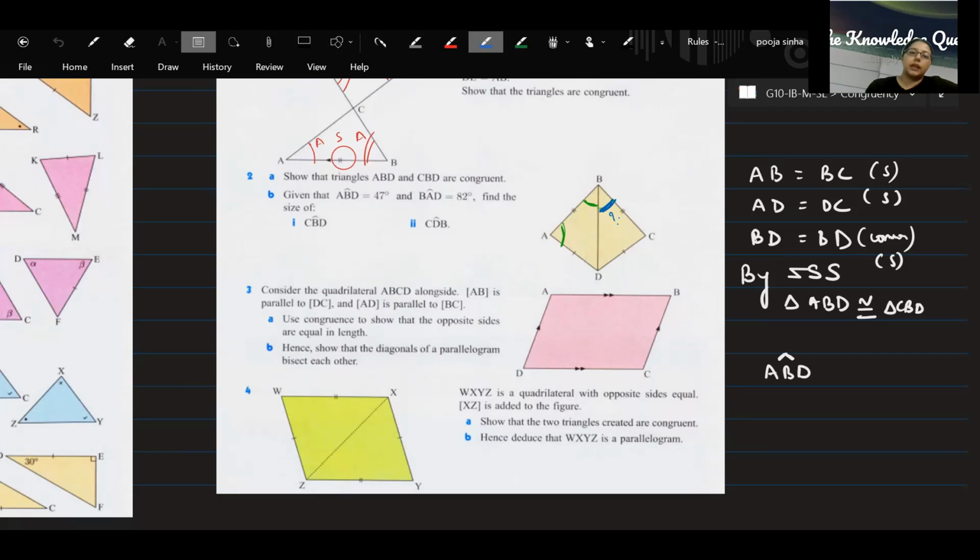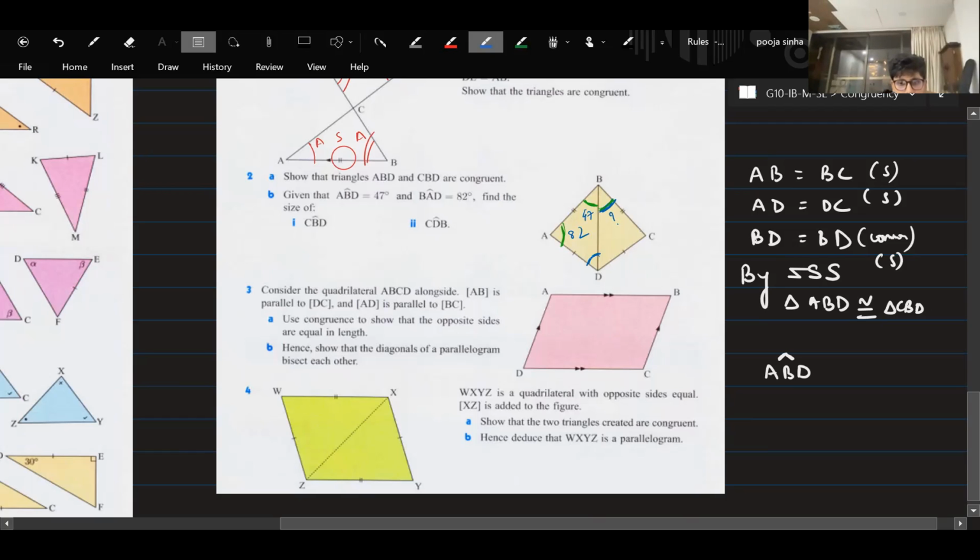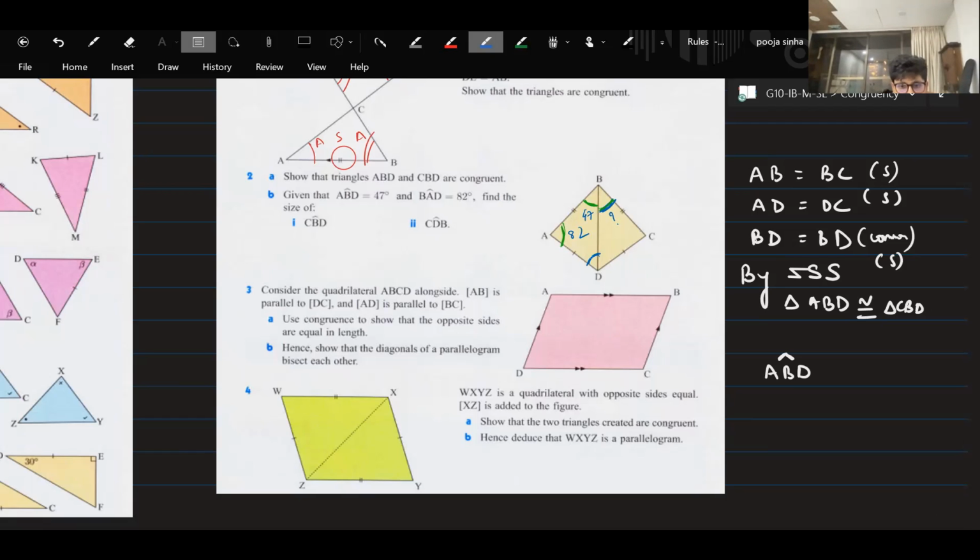If this is 180, this is 47 and this is 82. So how much is this? That's 51.